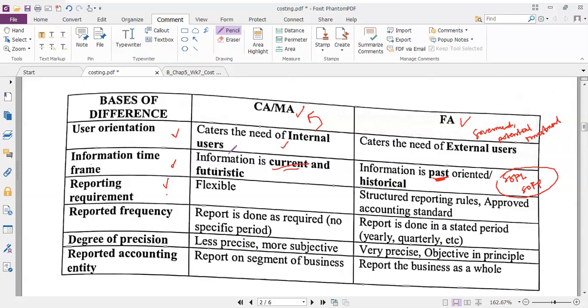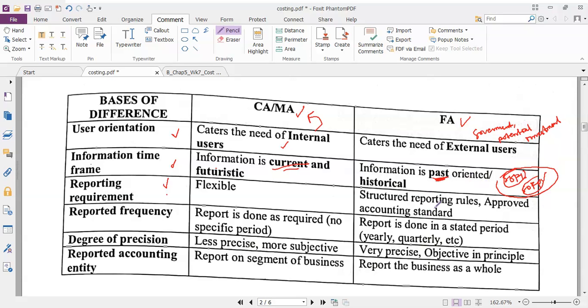But for financial accounting, dia ada structured reporting rules. Sebagai contoh, dia ada structured format untuk buat SOPL. Financial statement dalam financial accounting kena ada format. I've already taught you how to do SOPL and SOFP using the standard or using the format.